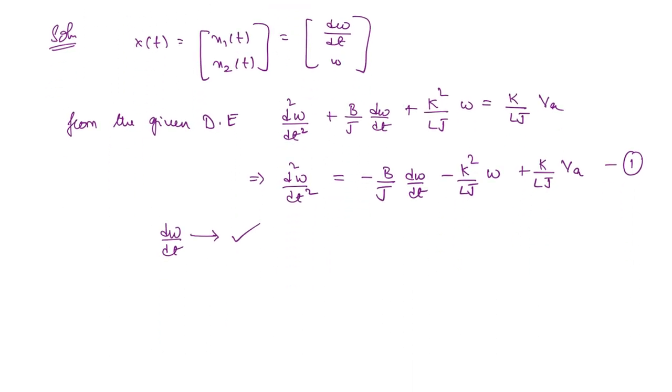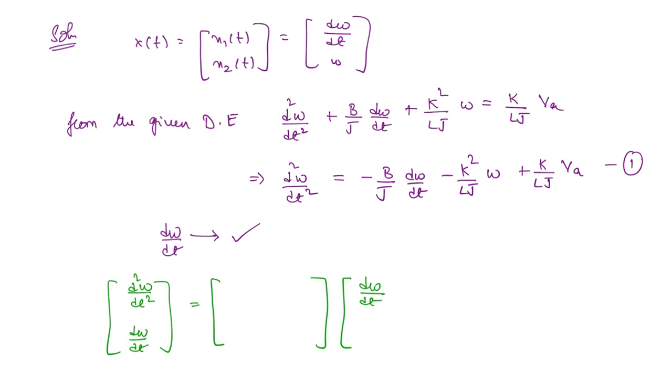So how can we write the equation in vector form? d squared omega by dt squared and d omega by dt is equal to, we have to write in terms of d omega by dt and omega. So from this equation here, what can you write? Minus B by J, minus K squared by LJ, and K by LJ for Va.